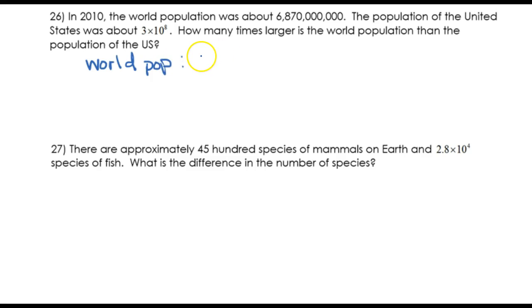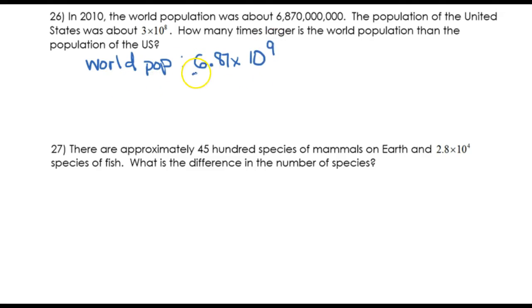To write it in scientific notation, I need to put my decimal point between the 6 and the 8. 6.87 times 10 to the, if I'm counting 1, 2, 3, 4, 5, 6, 7, 8, 9th power.